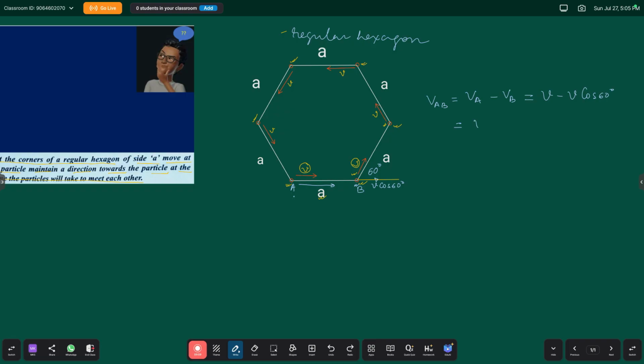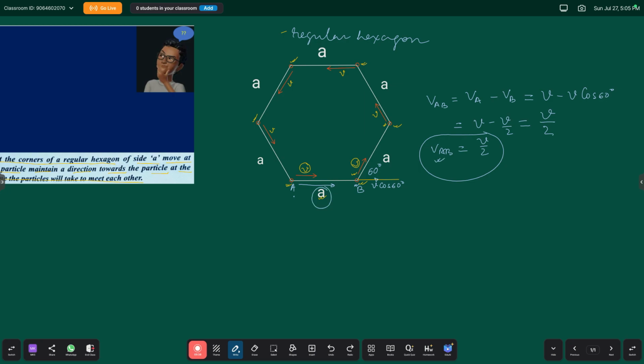So v minus v by 2, cos 60 is half. This will be your v by 2. So VAB, you got velocity of approach between A and B, you got v by 2. With this velocity of approach, how much distance it has to cover?